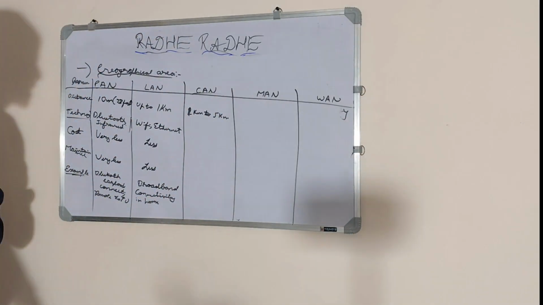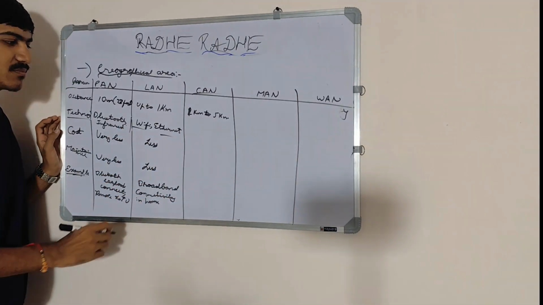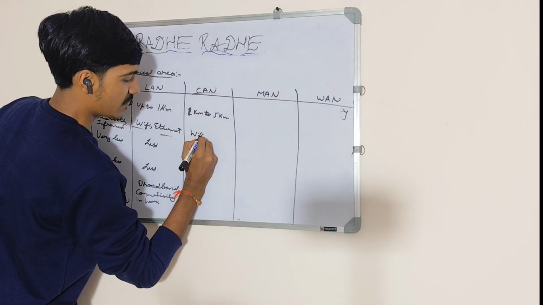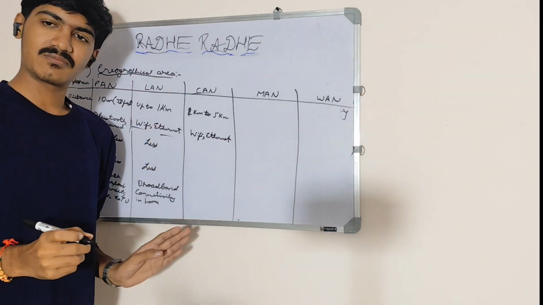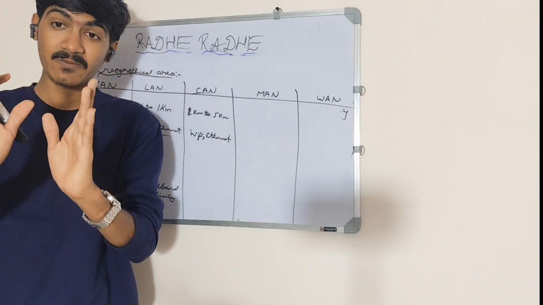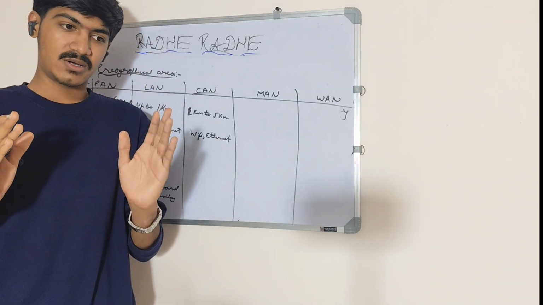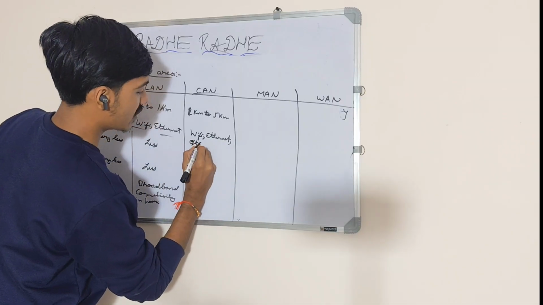So now, what are the technologies they can use? Same Wi-Fi, same Ethernet. These are the technologies. But they majorly use one more technology, because they require high speed: optical fibers.